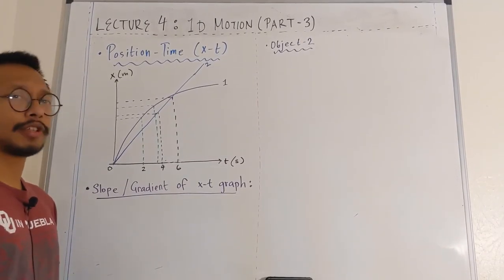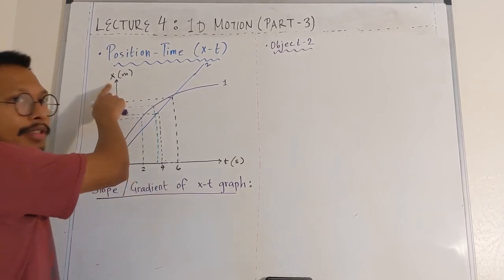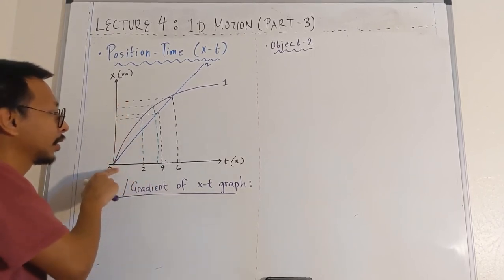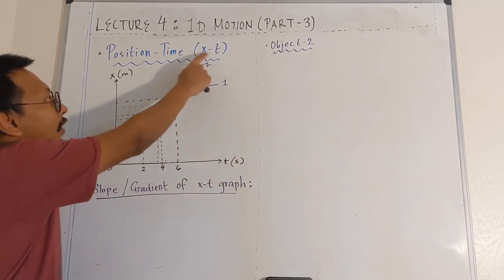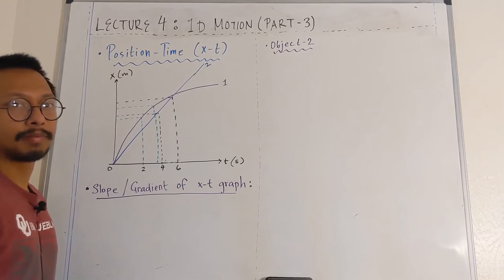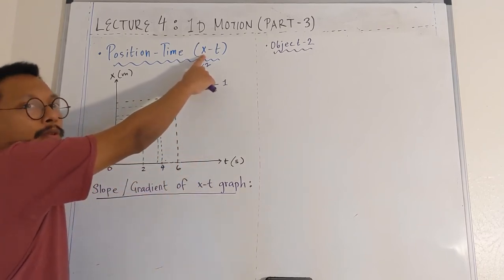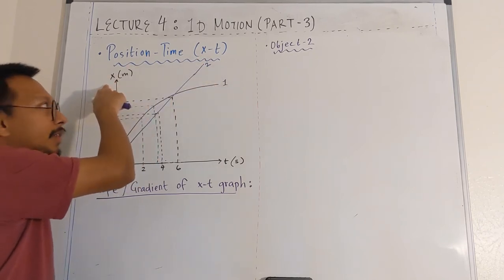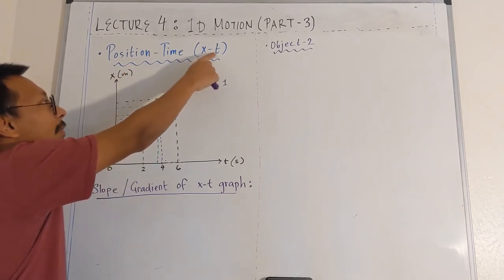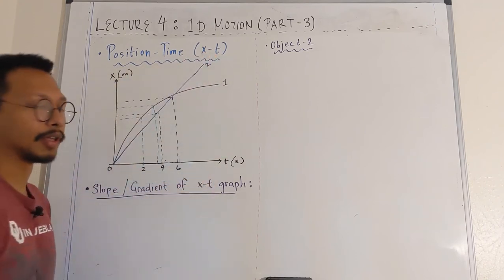So we have a position time graph set up here. We have position x on the y-axis and time t on the x-axis. With the naming, it is pretty easy to remember that whatever comes before is on the y-axis, so x is named before t, so x comes on the y-axis and t comes on the x-axis.